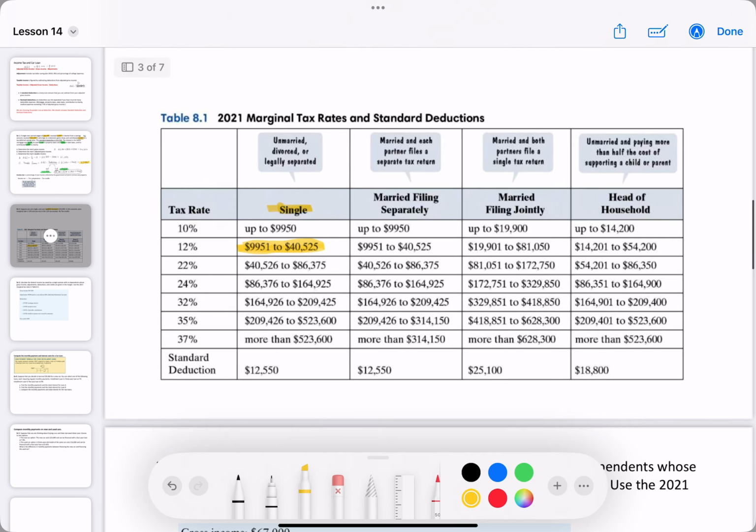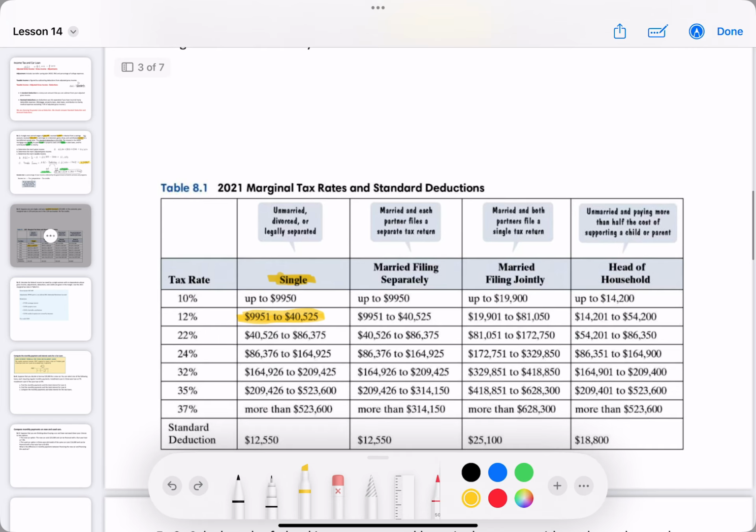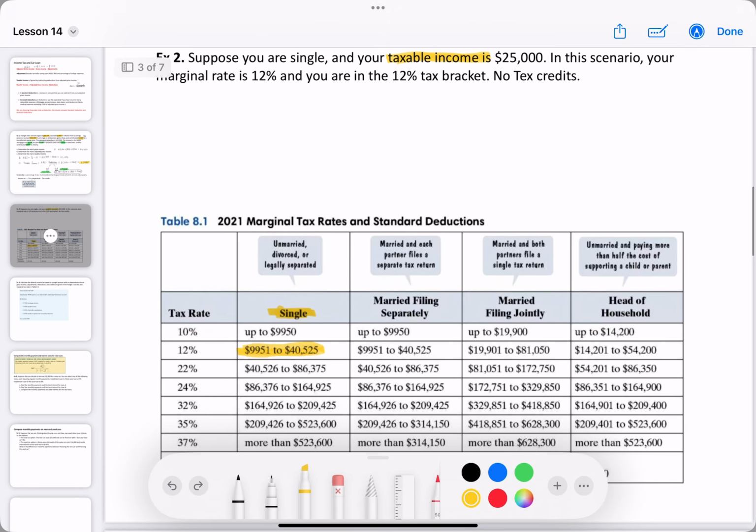You are single, so find the information from the single column. Your taxable income is in this highlighted bracket. That means your first amount of money, from 0 to $9,950, you need to pay 10%. The rest of the money you need to pay 12%.